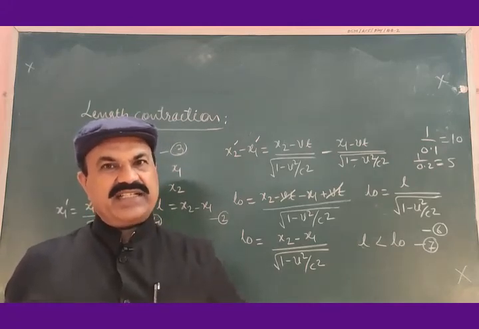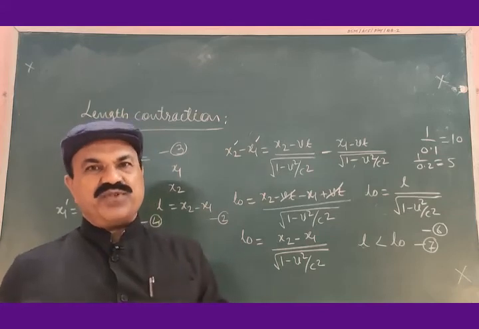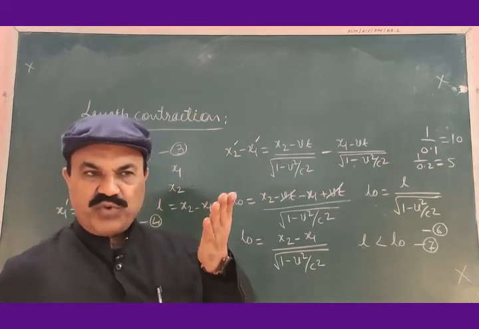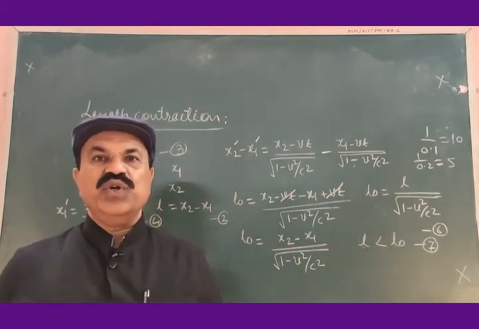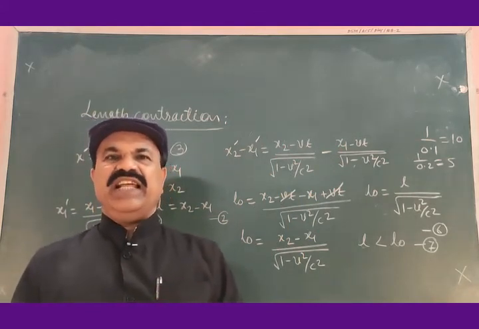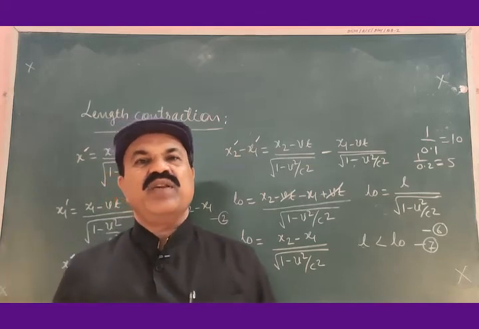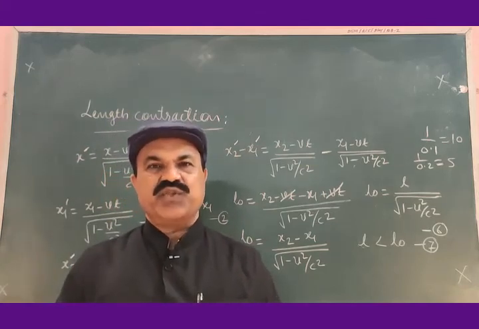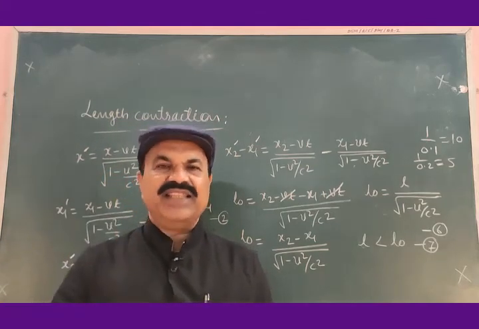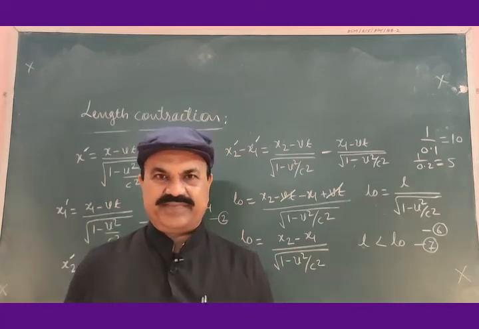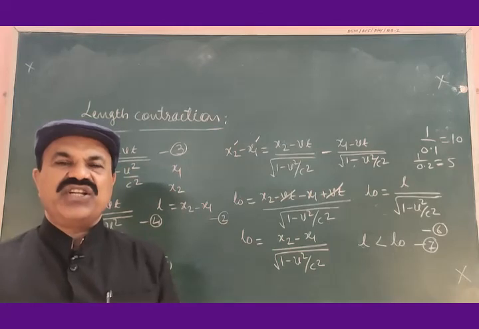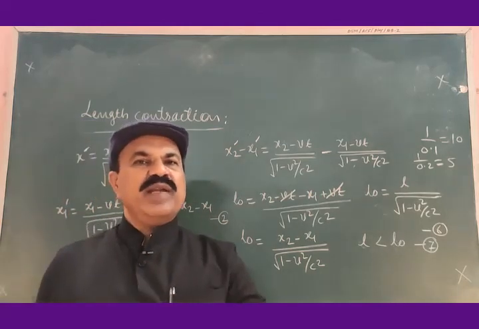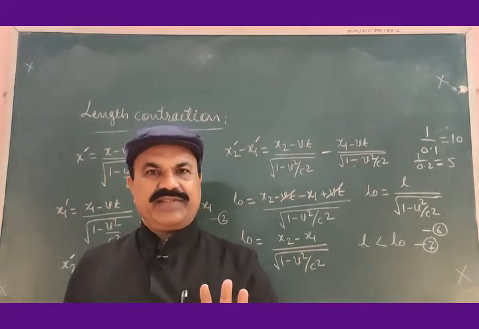For any stationary observer, objects moving away from the observer seem to contract in length, and this phenomenon of relativity is known as length contraction. So this is about length contraction, a very important phenomenon of relativity.